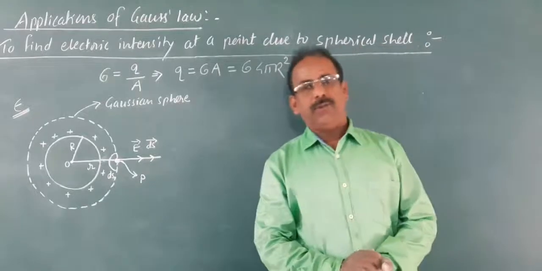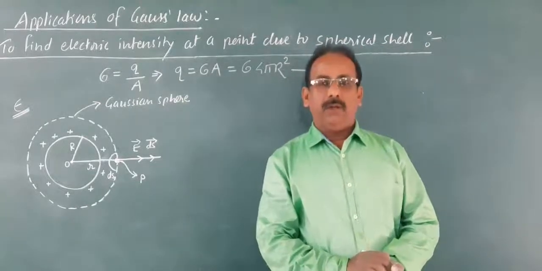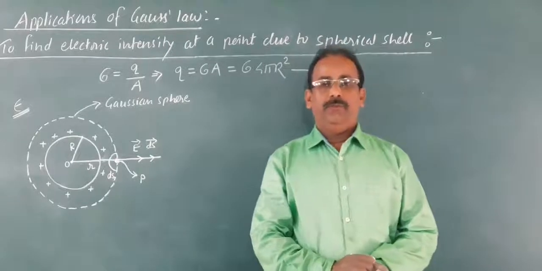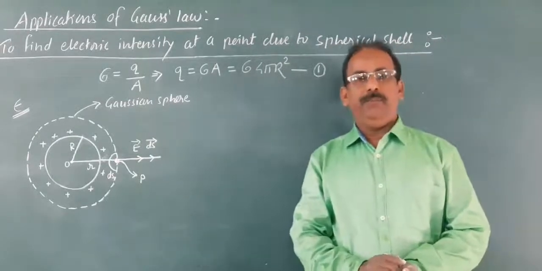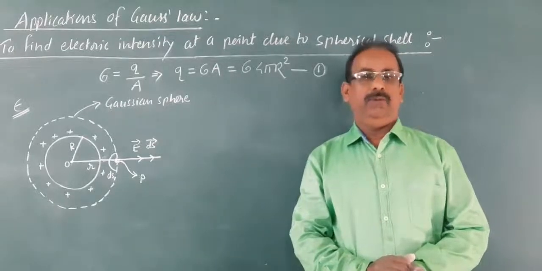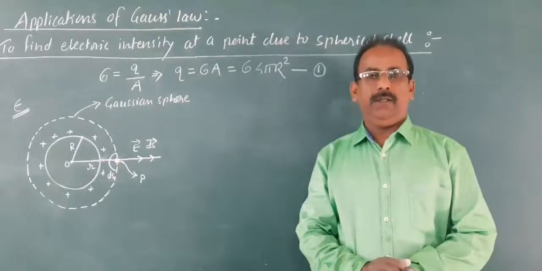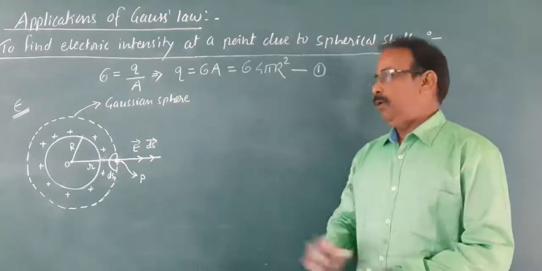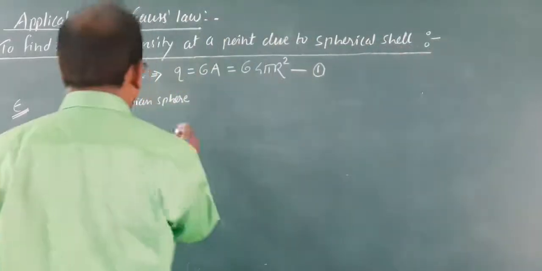Area vector is always perpendicular to given area. In case of a sphere, radius is always perpendicular to the surface. Therefore, area vector will come along the radius. Both vectors are parallel.